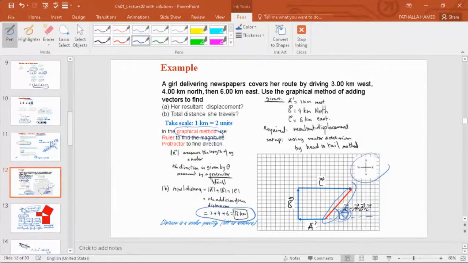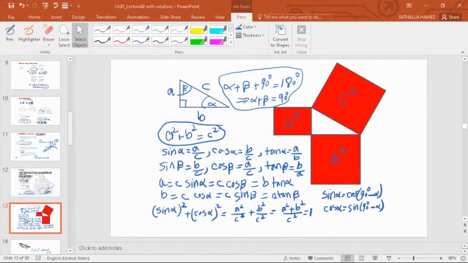Now, there is another way that you can do that, and we can take another example later, but it's done using your knowledge of trigonometry. What I will do here, I will just refresh your memory of what you did in school about Pythagoras' law. If you have a right angle triangle like this, where you have sides A, B, and C, and this angle here is a right angle, we always say that this is a right angle triangle.